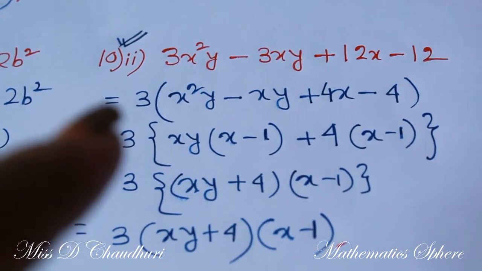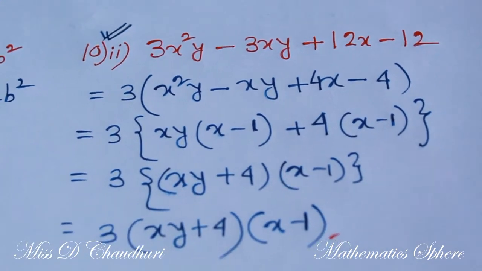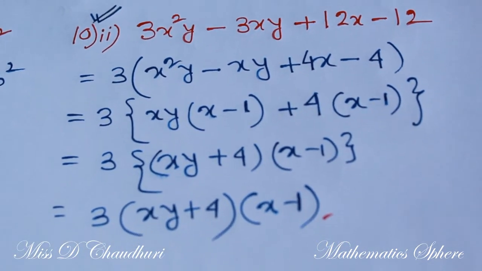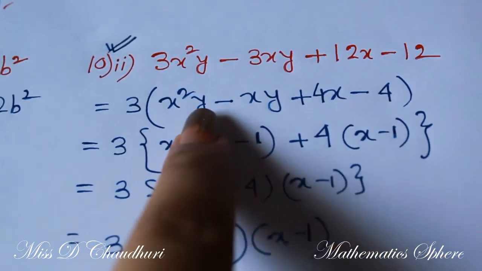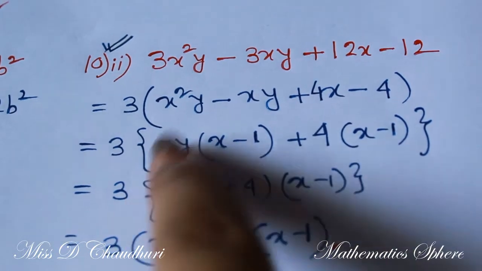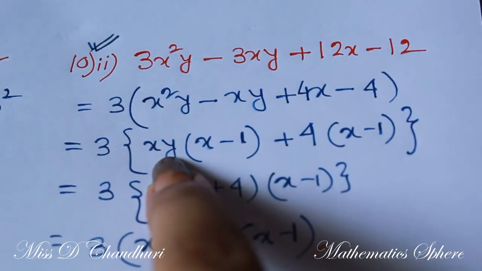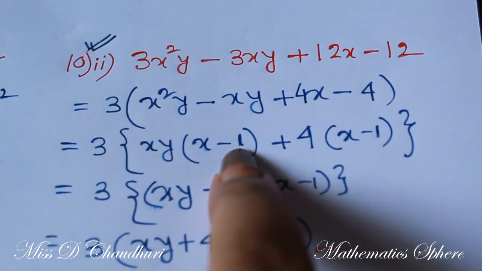After taking out 3, we see x square y minus xy plus 4x and minus 4 will be remaining. Now you do the factorization in the same way. Out of this we are going to take common, so we are using the second bracket here. From the first 2 terms we are getting xy, so x minus 1 will be remaining.